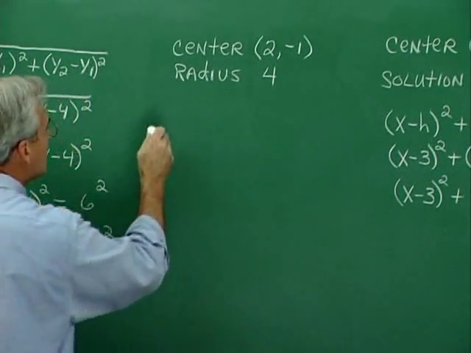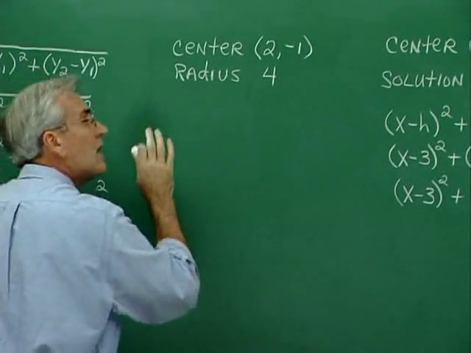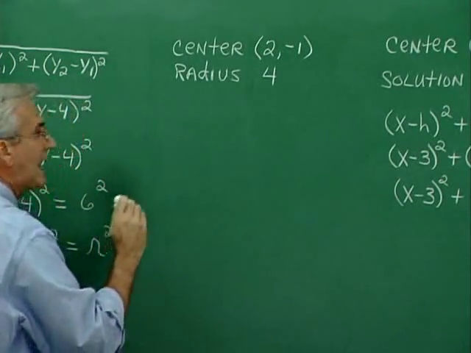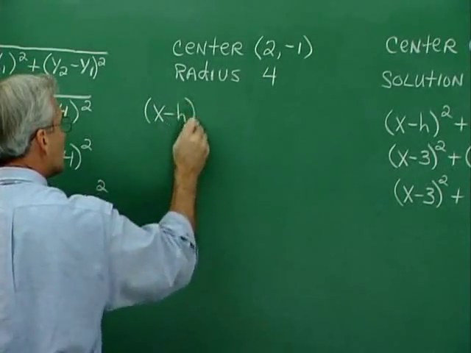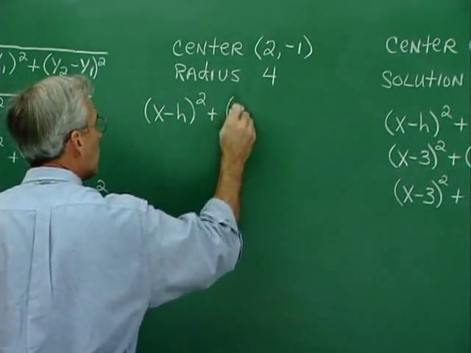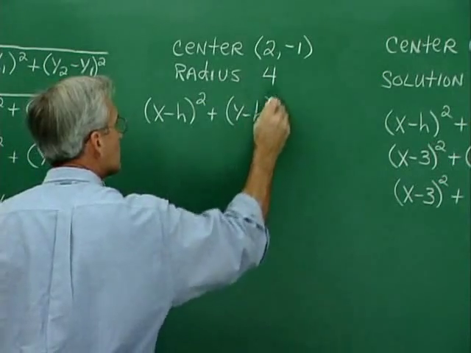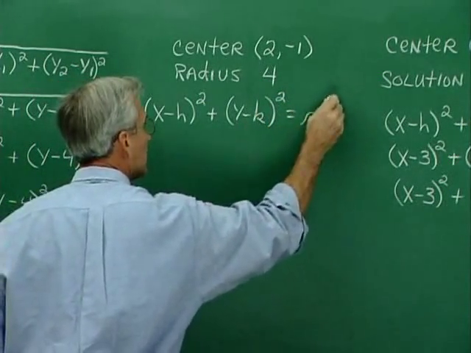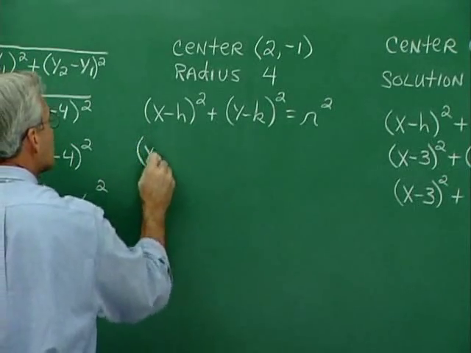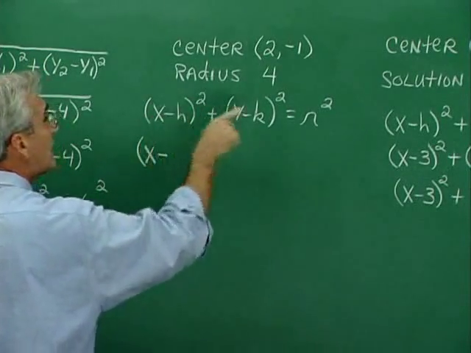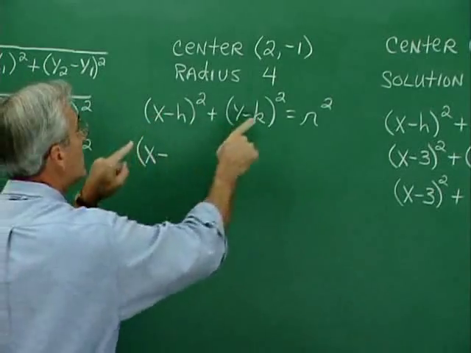Now, we start like this. The equation of a circle has the form x minus h squared plus y minus k squared equals r squared. And then fill in the information that we see. We see the h and k, the coordinates of the center.